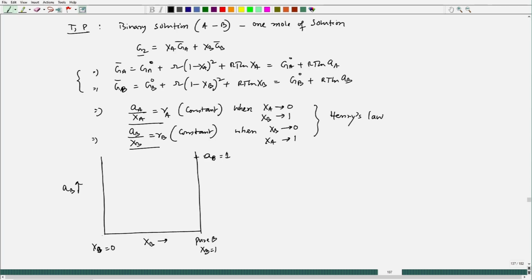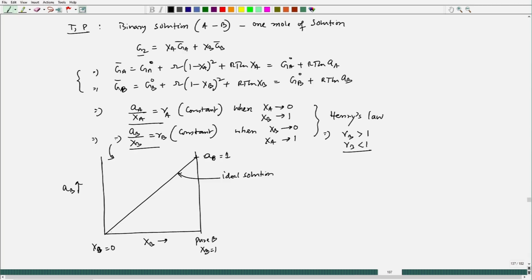If I talk about the ideal case, it will be a straight line, the ideal or Raoultian solution. From here we can see that gamma B could be greater than 1 or less than 1 if it is fulfilling Henry's law.